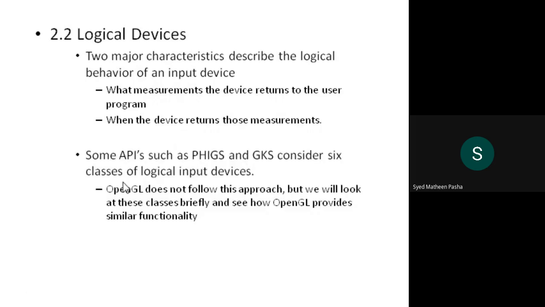Then there are some APIs which are used for logical devices. One is called PHIGS and GKS, which consider six classes of logical input devices. These two are the APIs used for logical input devices. With respect to our software, OpenGL does not support or follow these kinds of APIs, but if we look at these classes briefly, we'll check out how OpenGL provides similar functionalities in the upcoming slides.